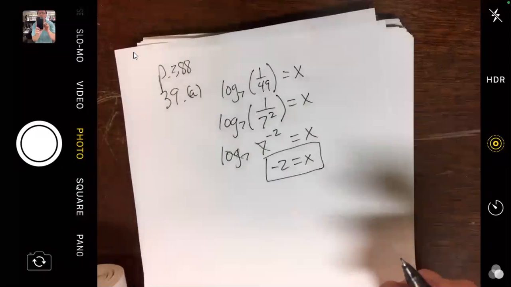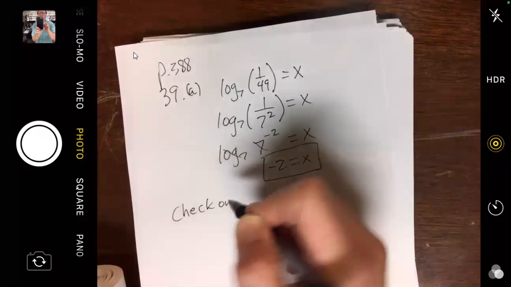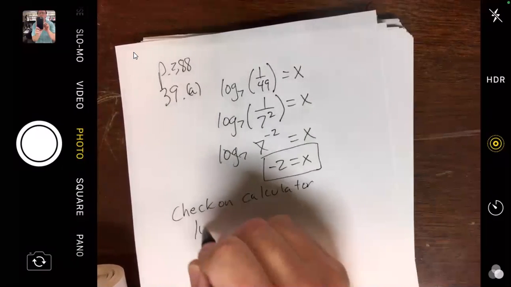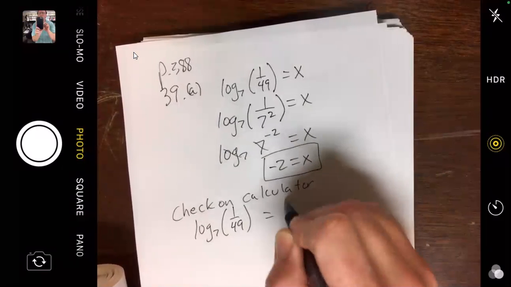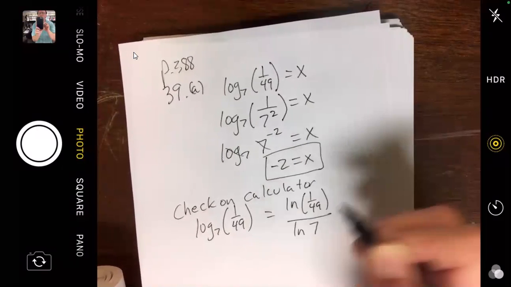Since I've shown you that, if you wanted to check on calculator, have a log base 7 of 1 over 49, you would punch it as ln of 1 over 49, ln of 7.